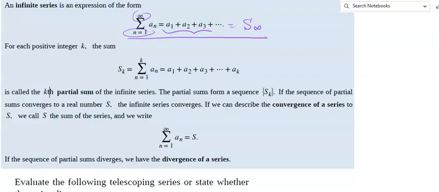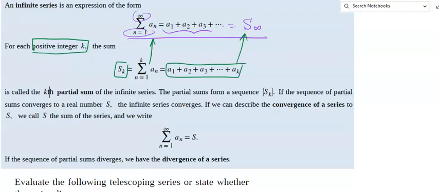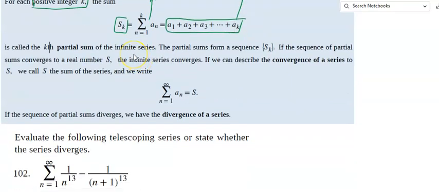Given an infinite series, we're going to be dealing with infinite series all throughout this chapter and the next chapter. If they're asking you to find the sum, then guess what? You're going to take some positive number k and take a portion of that. You're going to take S sub k terms of that infinite sum. So you're looking at the infinite sum, you're going to take a portion of it.